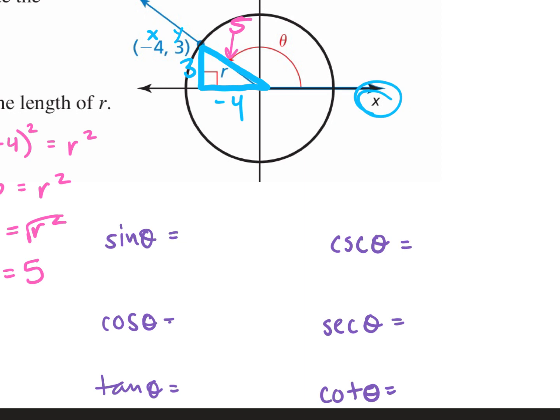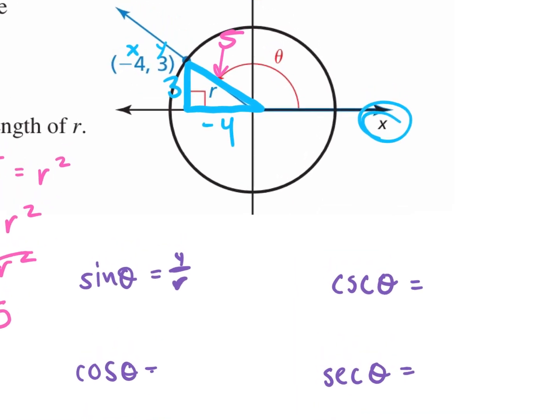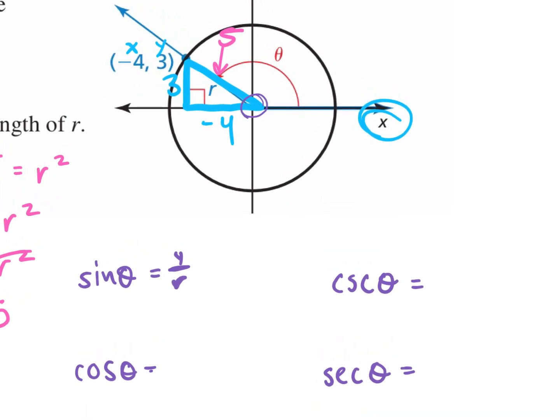So on the last page, it gave us that sine is y over r. But instead of memorizing those, what we can do is we know that theta comes from the center here. So this angle here is my theta. Using our SOHCAHTOA, sine is what over what?